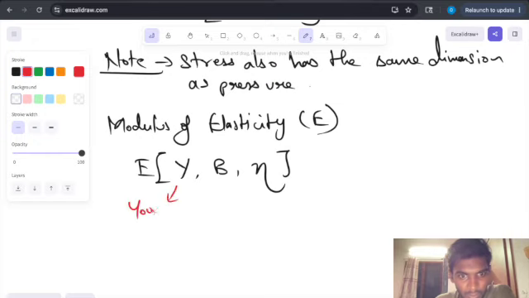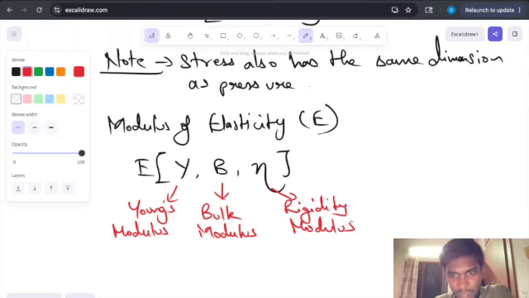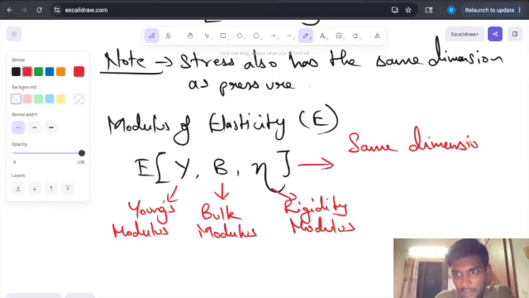It is fine if you don't understand these concepts because you will be learning all these things in the later part of your curriculum. You can just understand what these are in a basic sense from the dimensional point of view. So all these physical quantities have the same dimension as pressure.